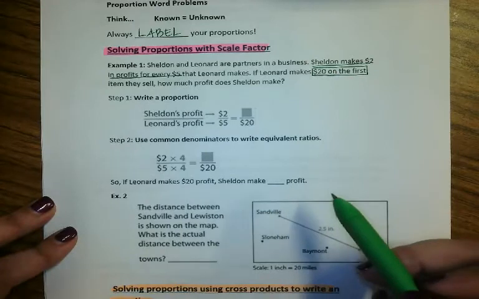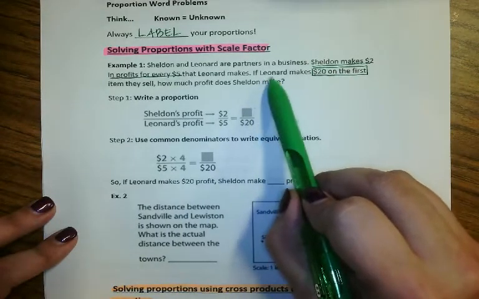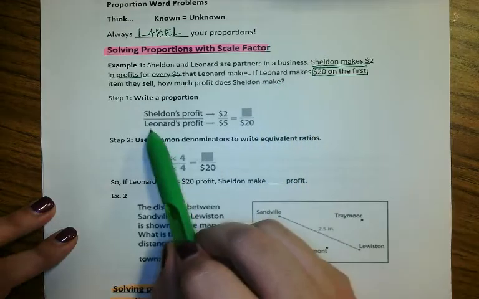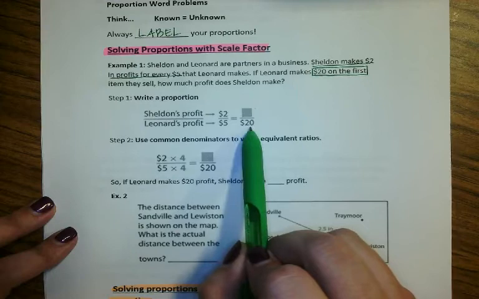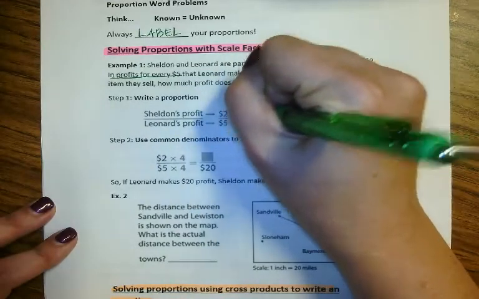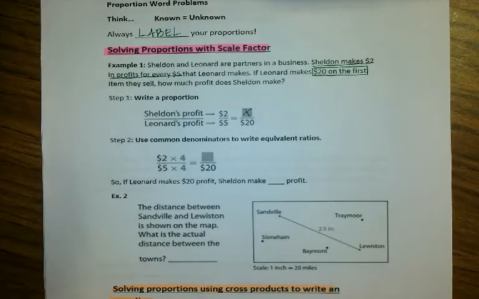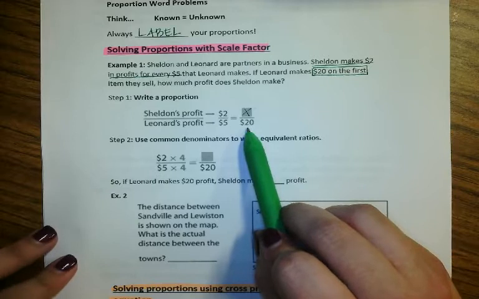Well, the labels again help us to make sure we know where to put that information because it says that it's Leonard's profit. So Leonard's label is down here on the bottom, so we know that $20 would be this bottom term here, and the information that's unknown is the amount of profit Sheldon will make when Leonard makes $20.